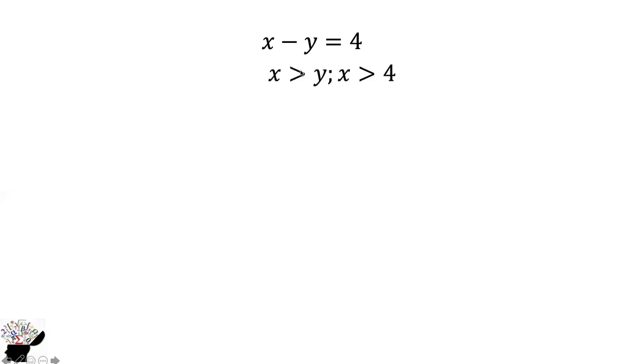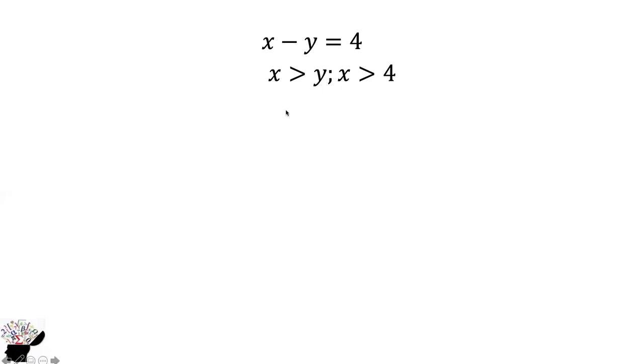So x is always greater than y, and also x should be greater than 4. Because if x is less than 4, automatically the value of y will be negative, which does not make sense when we want to find this. Okay, now let us think about it for some time.